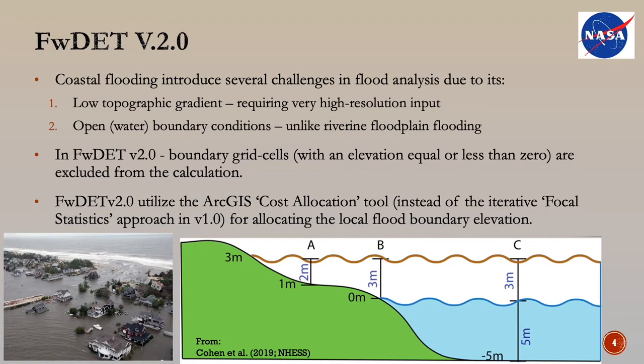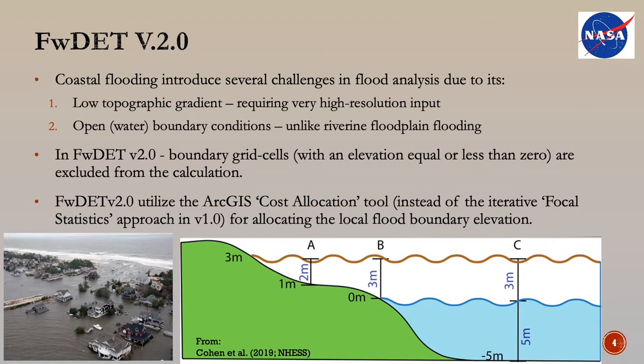The main challenges in coastal regions are that you have very low topographic gradient and therefore you require very high resolution input. The second challenge is the fact that the ocean boundary of that flood is open, right? There's no limit to it because we are talking about ocean water that is flooding the coast.